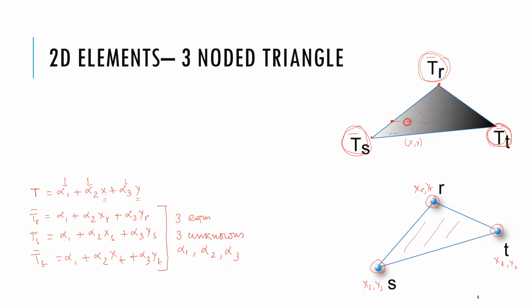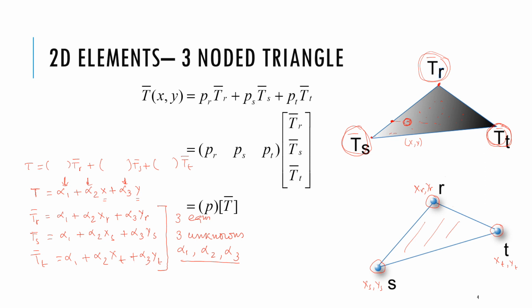If I find alpha 1, alpha 2, alpha 3 from this and plug back in here, I'm going to get an expression that looks like this: T equal to something times TR plus something else times TS plus something else times TT.